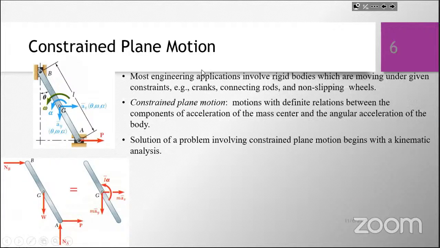We're going to need to use general plane motion in some cases to start off by finding the acceleration of the center of mass, or the center of gravity of my rigid body.